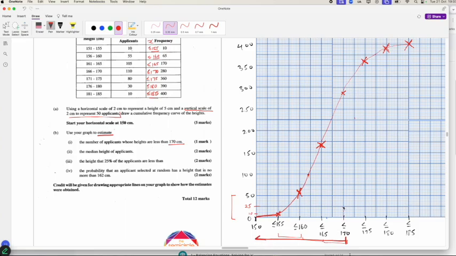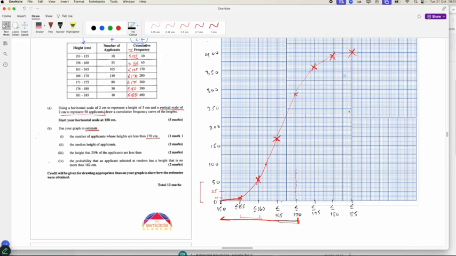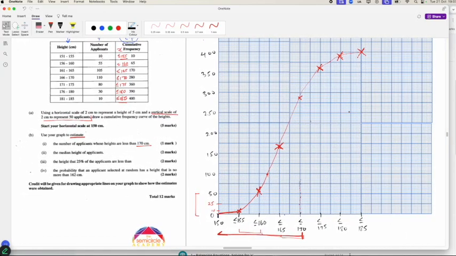So I'm going to go up here, and it's important that when you are doing these questions, please show your lines. Show that you're putting a dotted line here from the 170. Show these dotted lines so that they will know that this person actually went to the graph.